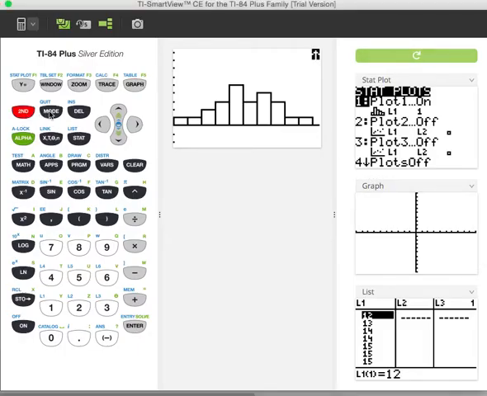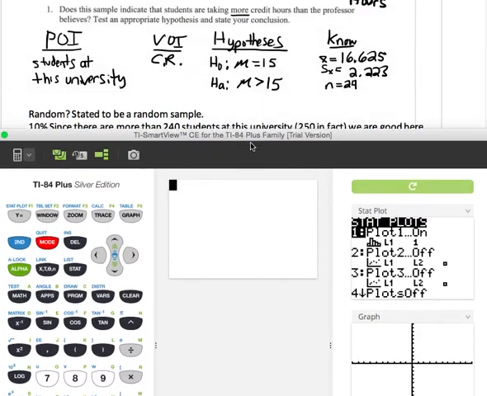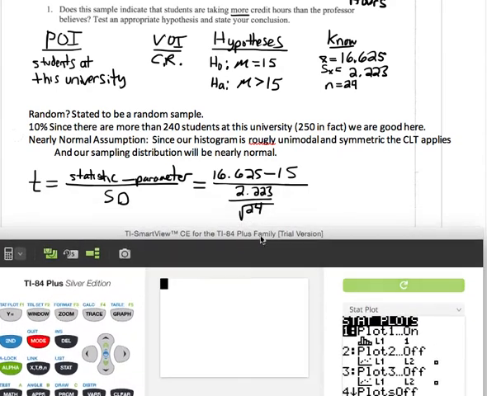So I'm going to go out to my home screen. I guess we could go and drop this down a little bit. There we go. 16.625 minus 15.